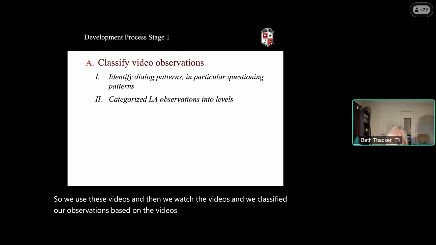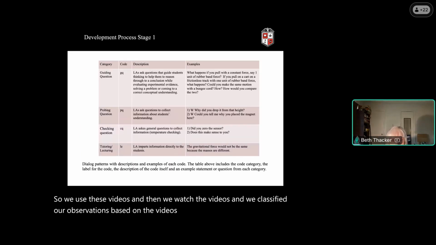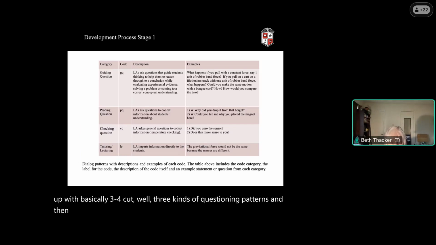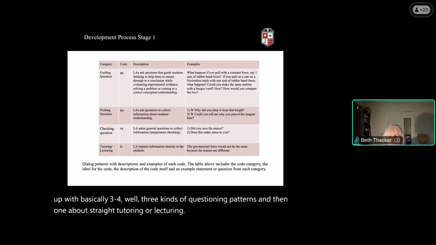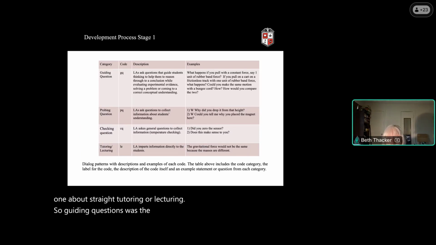And we first did what I call a microscopic coding. We looked at the questioning patterns, and we came up with basically three kinds of questioning patterns, and then one about straight tutoring or lecturing. So guiding questions was the type of questioning that we were really interested in, would like them to do.